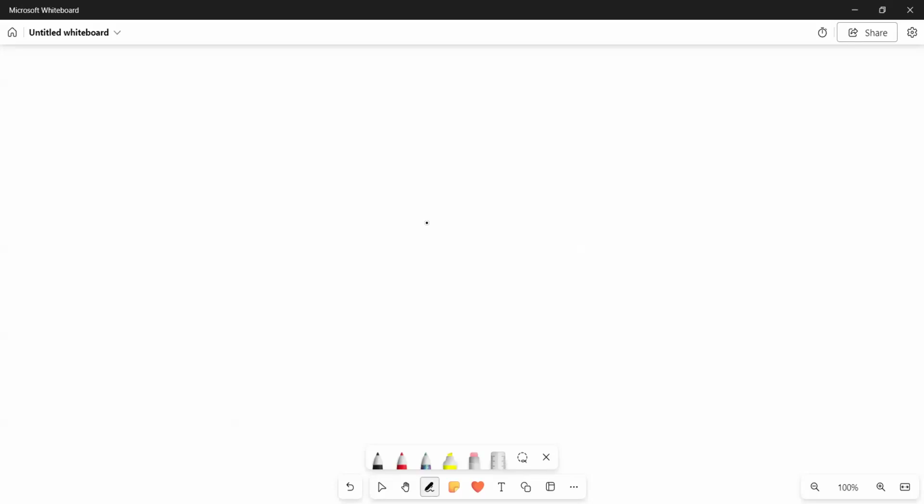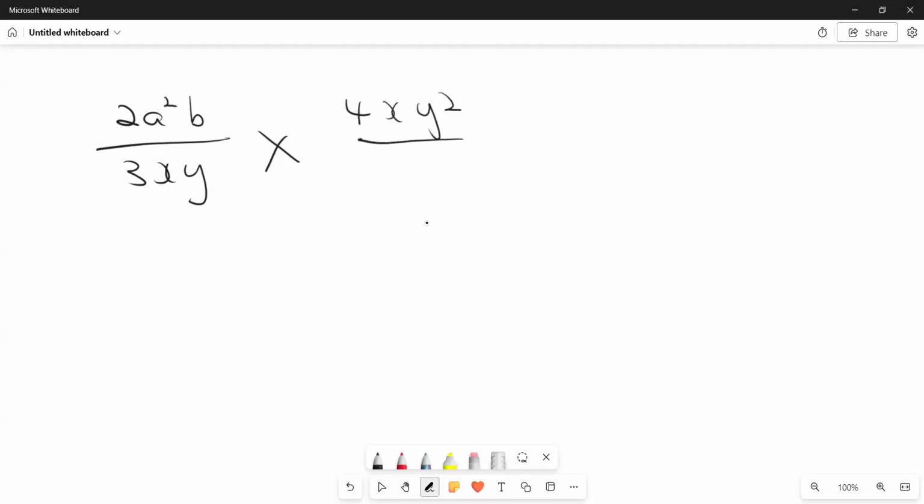So let's say we have 2a squared b over 3xy multiplied by 4xy squared over ab. Look at that.